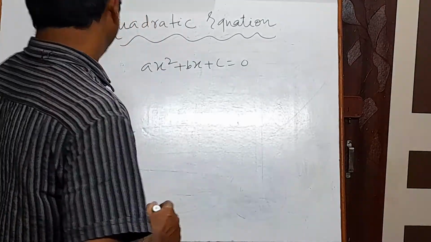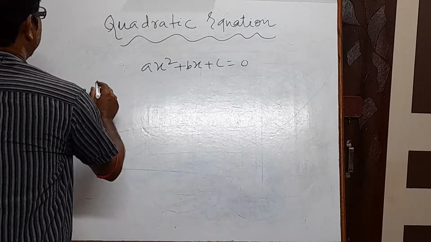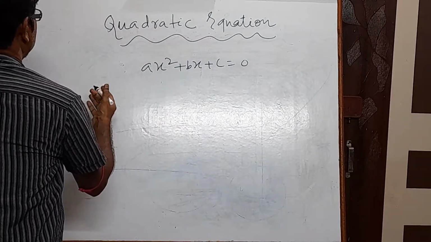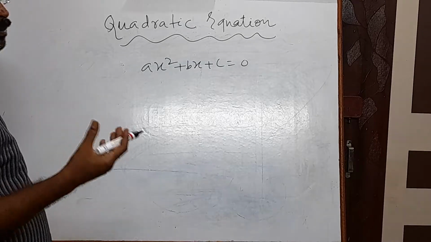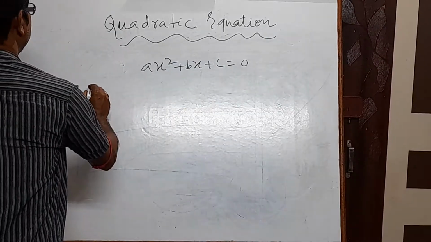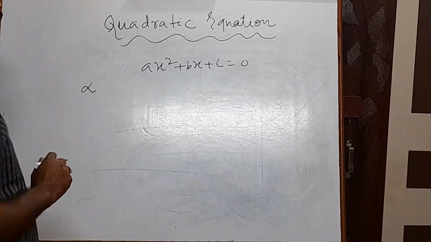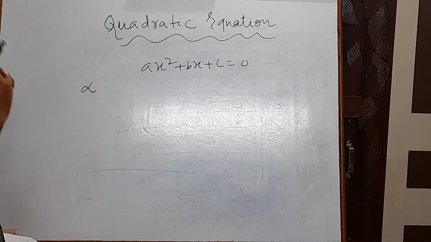Okay, so I have discussed that the first root, or the positive root, is denoted with alpha and the second root is denoted with beta.